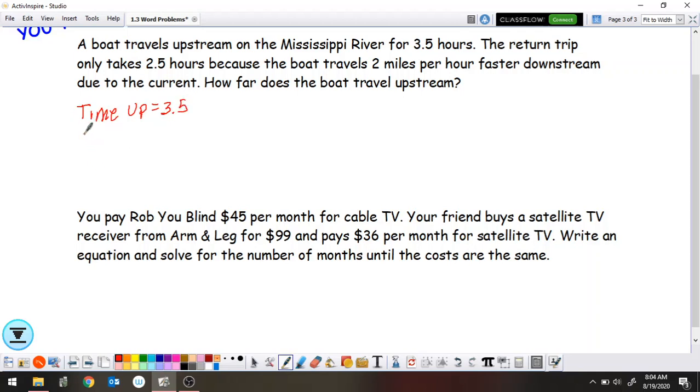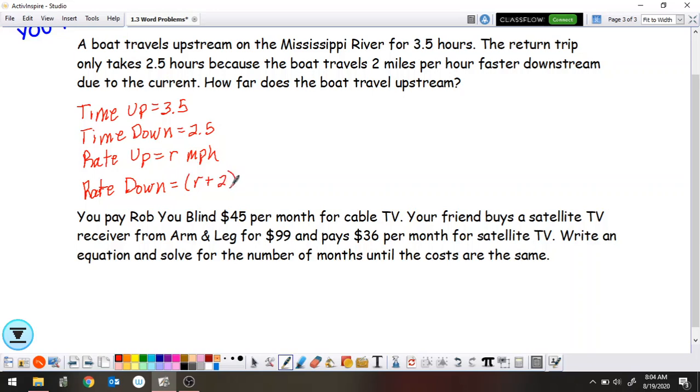We have the time downstream is 2.5, and it's traveling faster downstream than upstream, so our rate upstream is going to be R miles per hour because our rate downstream is a comparison to the rate upstream. And that is R plus 2 miles per hour.